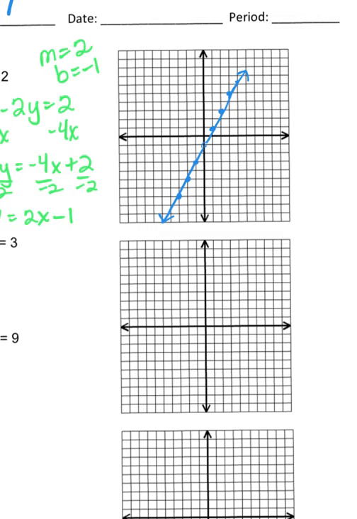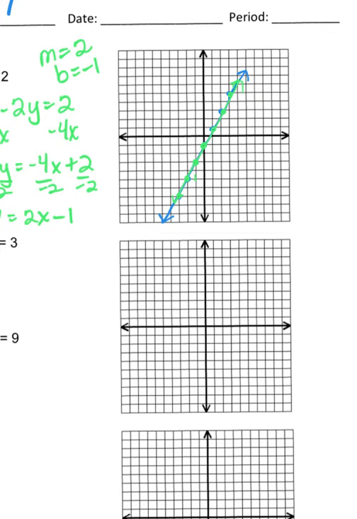Okay, green. My y-intercept is negative 1, and then my slope is 2 over 1, up 2 over 1. What do you guys notice? Aren't I graphing the same line? That's basically the same line.